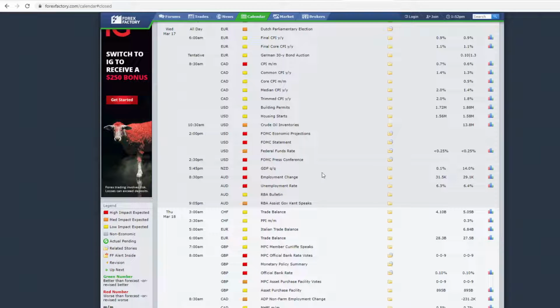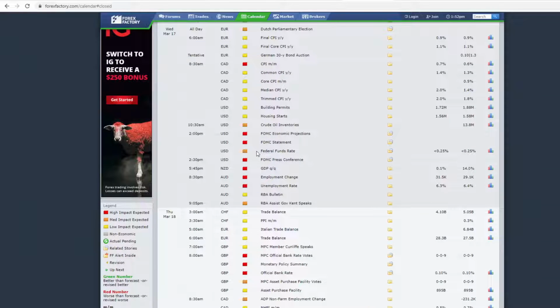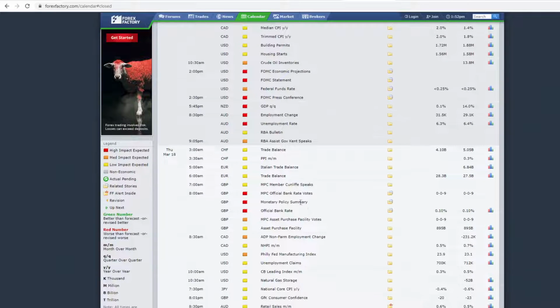Employment obviously can have a significant effect on price, as well as interest rates. So we're going to see some volatility on Wednesday, possibly some on Sunday, but because it is Sunday and there's low trade volume, I don't think it's going to move too much. But Thursday for British pound, the bank rate statements, this is basically the interest rate, the federal funding rate for the central bank for the British pound. So this is very important.